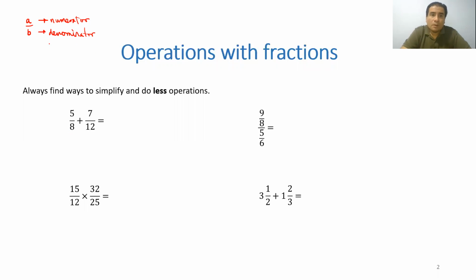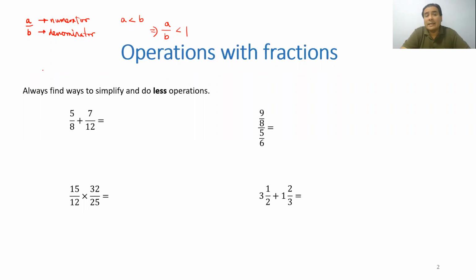Whenever the numerator is greater than the denominator, we have a fraction equivalent to a number greater than 1. But whenever the numerator is less than the denominator, then our fraction is a number less than the unit. So it represents just a portion of the whole unit.